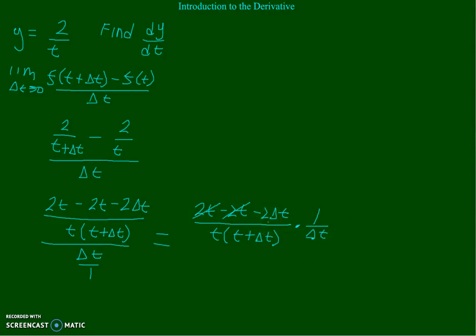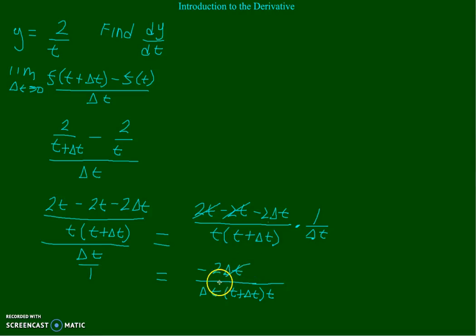So let's rewrite first so we don't get confused. We have a negative 2 delta t in the numerator, and we have delta t times t plus delta t times t.